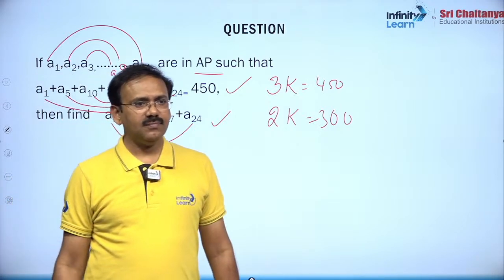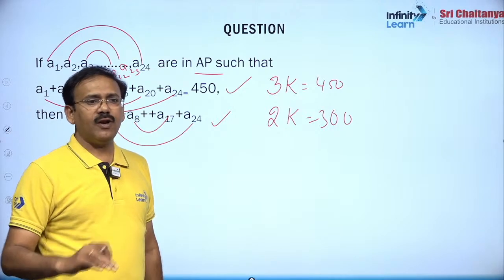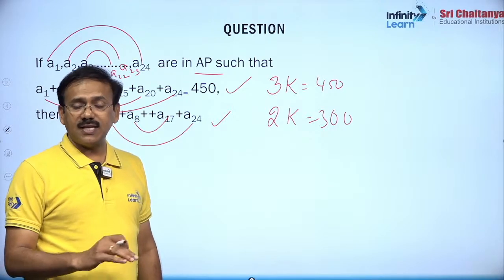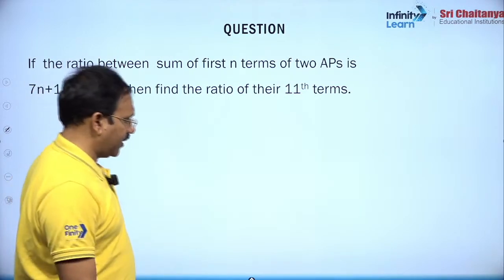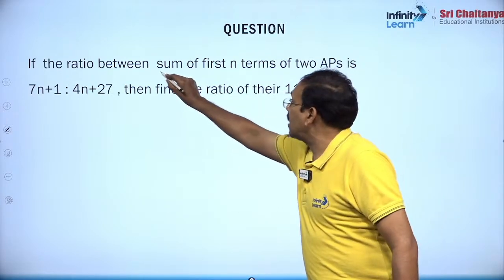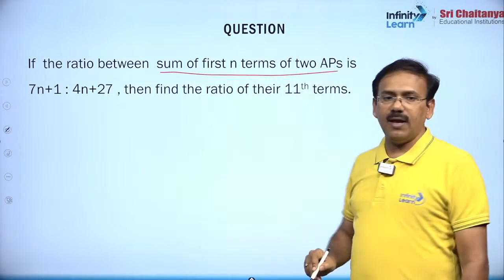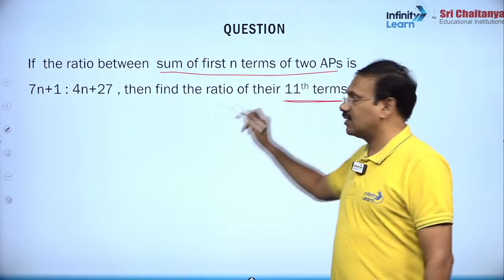Yes, yes. This property of AP is wonderful and interesting, and it can be applied to answer many questions easily. You see this question, my dear friends: in an AP, the ratio between the sums of the first n terms of two APs is given like this. Find the ratio of their 11th terms.